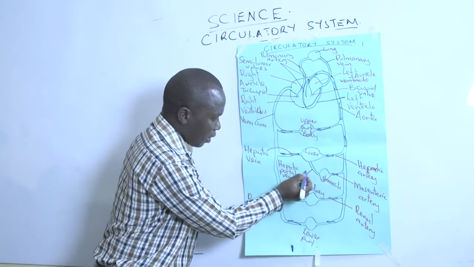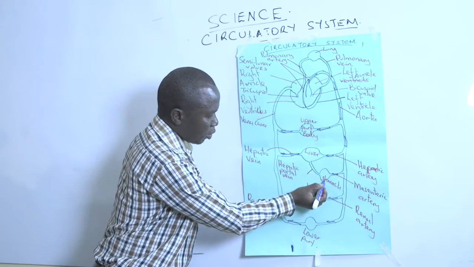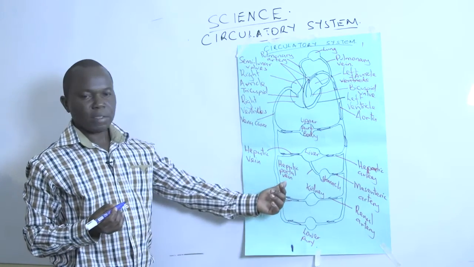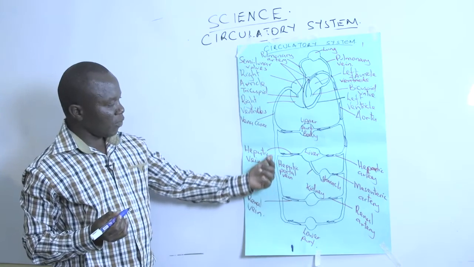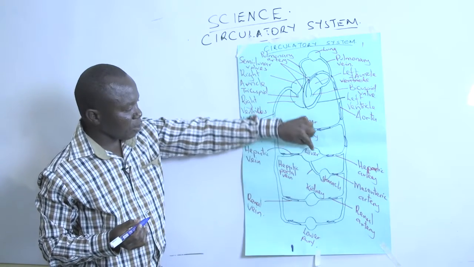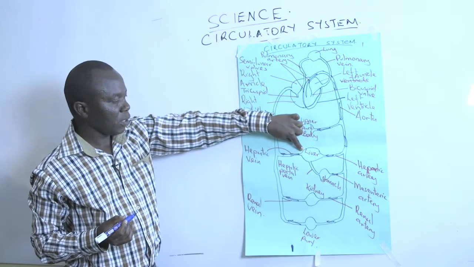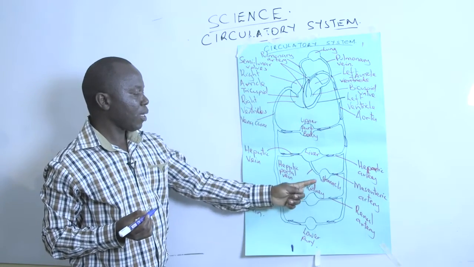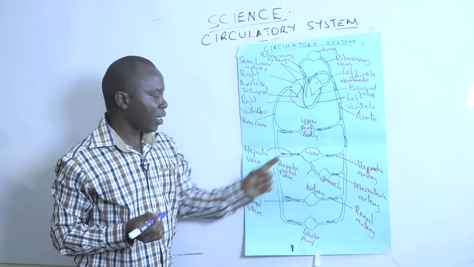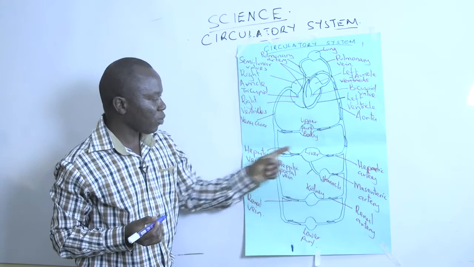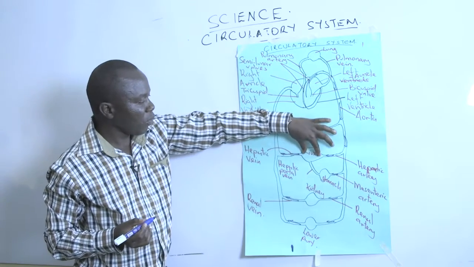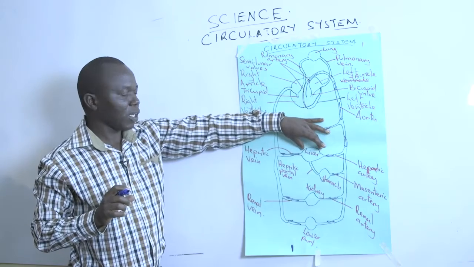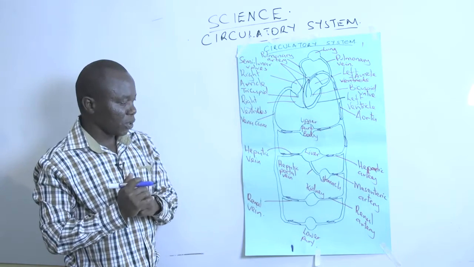But there is something here that we should note. From the stomach we do not have a direct blood vessel to the veins. That blood from the stomach must go into the liver. There is a reason. One role of the liver is to regulate the level of glucose.